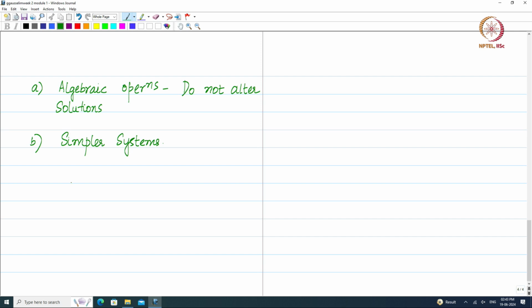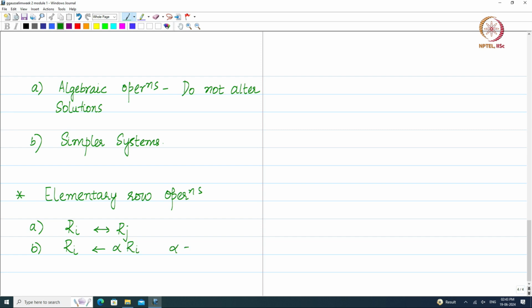The set of algebraic operations are called elementary row operations. The following are the operations. 1. Interchange any 2 rows. 2. Multiply one row with a non-zero scalar. 3. Add a scalar multiple of one row to another.